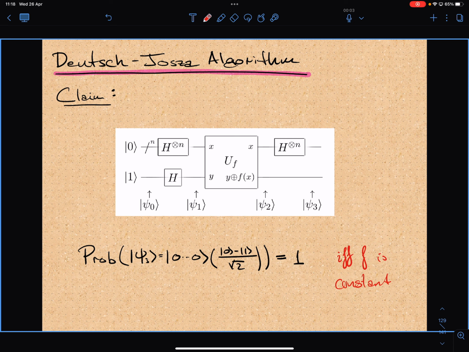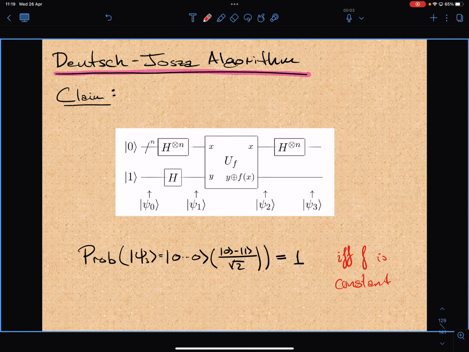And if it's not constant, it's not going to be this state, with probability 0.